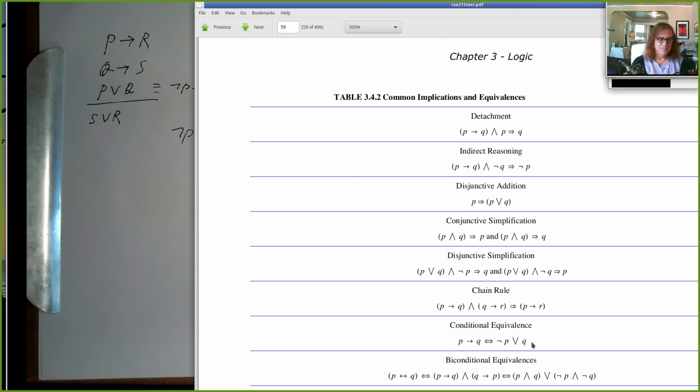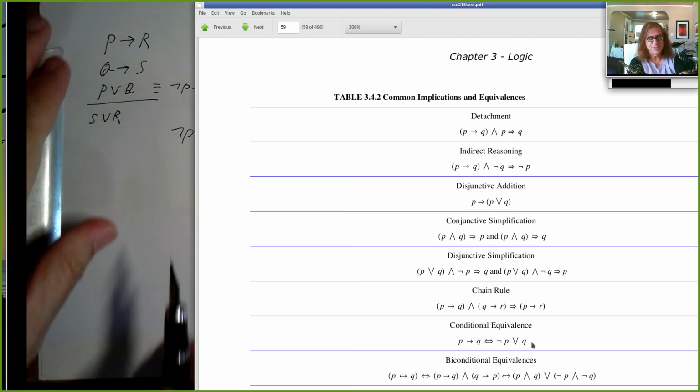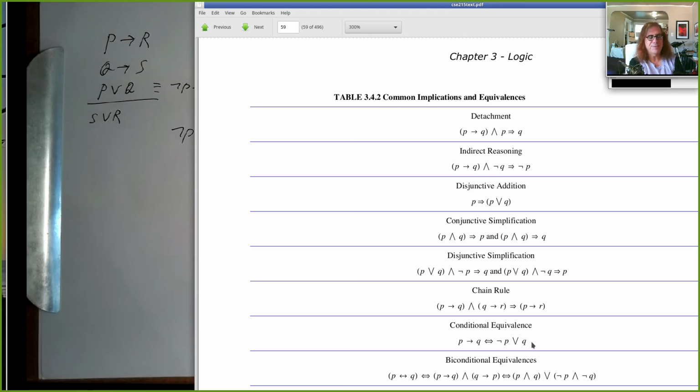Well, we also have this contrapositive. And if you have if-thens that you'd like to put together, but they don't quite line up right, particularly if you have two things on the same side and you'd like to have them on opposite sides to chain rule them, contrapositive might be what you need.